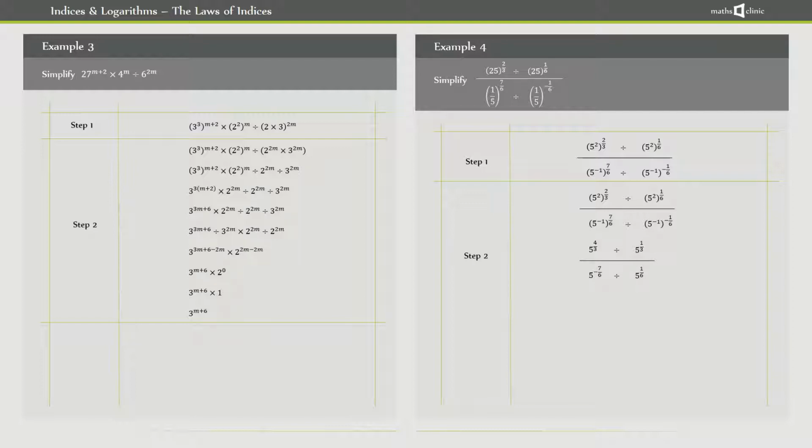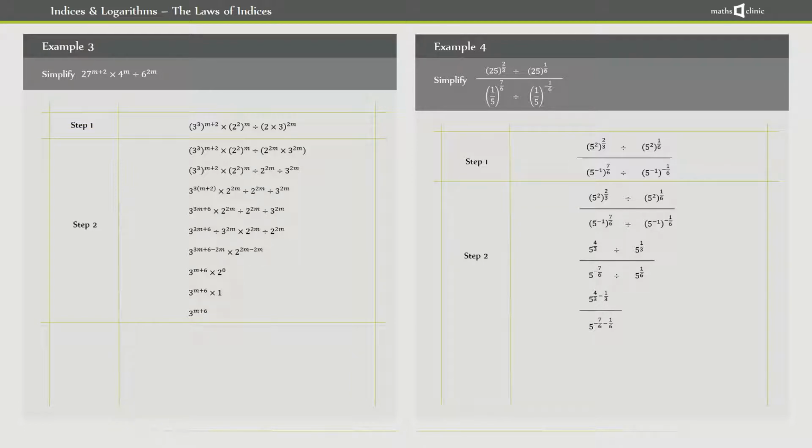Okay, and then at the moment you have division, so we can apply our division law here. You'd have 5 to the power of 4 over 3 minus 1 over 3, because you have 5 to the power of 4 over 3 divided by 5 to the power of 1 over 3. You simply apply the division law and you find the difference of the powers, and basically you have that.